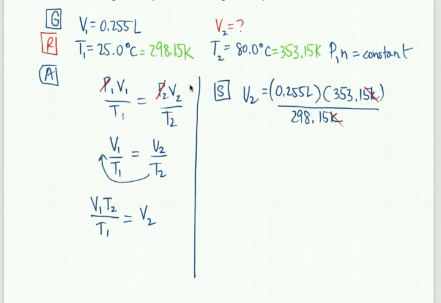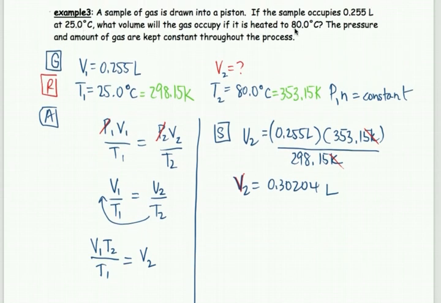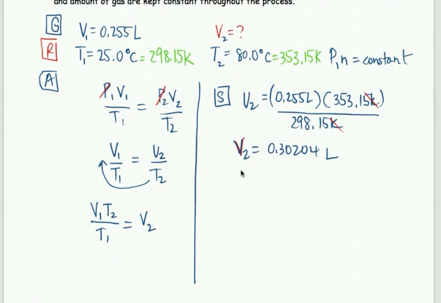So 353.15 times 0.255 divided by the temperature at the bottom leaves me with a volume of, etc., in liters. And our significant digits: we have 3 digits here, and 3 digits there, so we need 3 digits in our answer. Remember the zeros at the beginning don't count, but then we go 1, 2, 3 digits like that. All right, so that is your final volume.